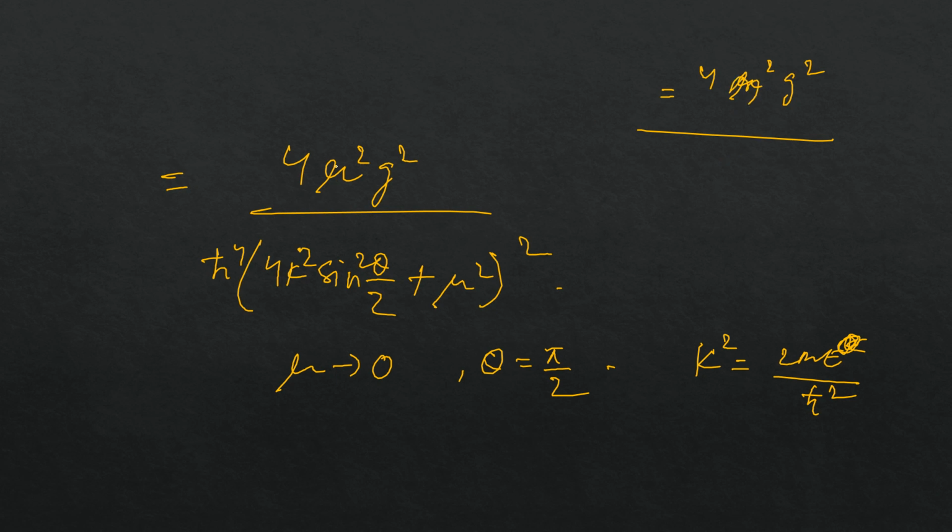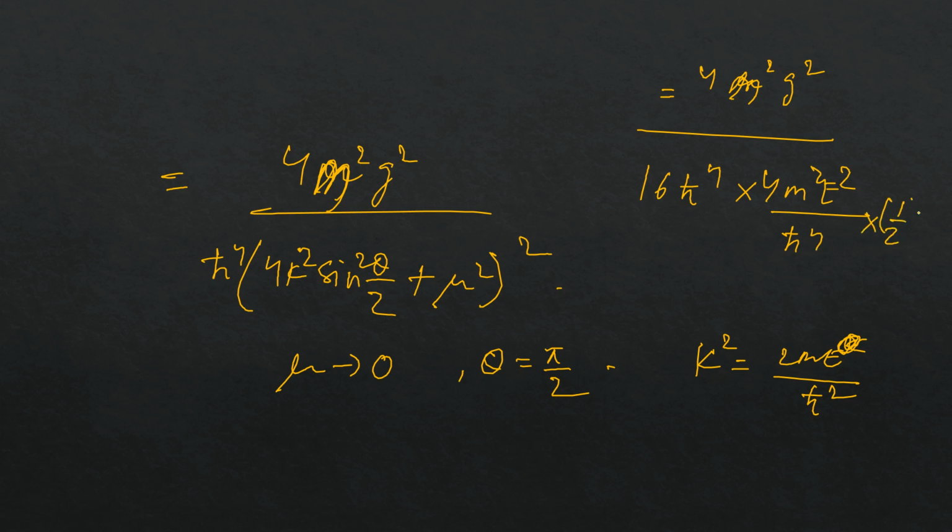Okay, this one was my bad, this is on you. So this becomes 16 h fourth, and into 4 m square E square by h cut fourth by 2. So the answer becomes g square by 4 E square. You try it from here.